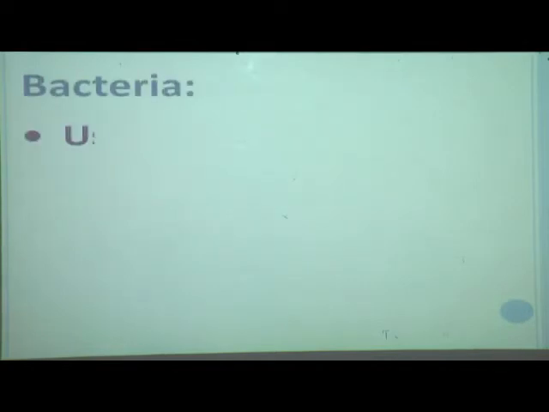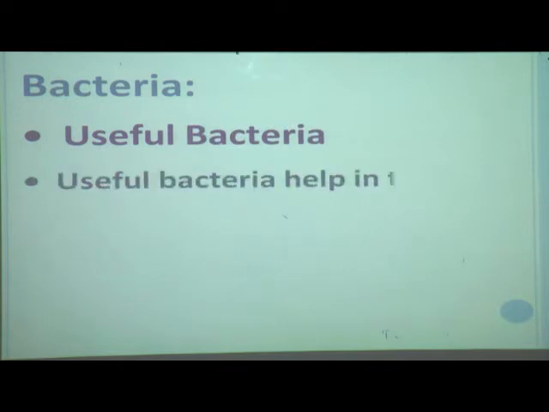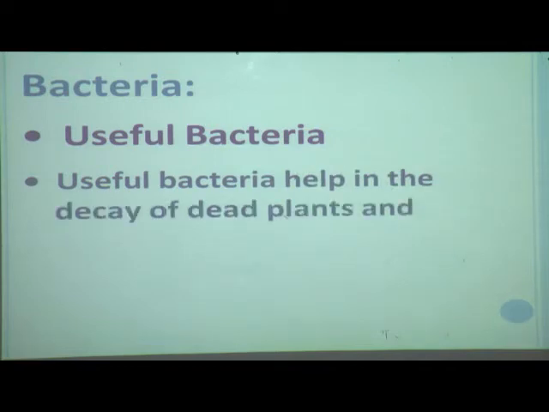Now we will see useful bacteria. What are the useful bacteria? Useful bacteria help in the decay of dead plants and animals.